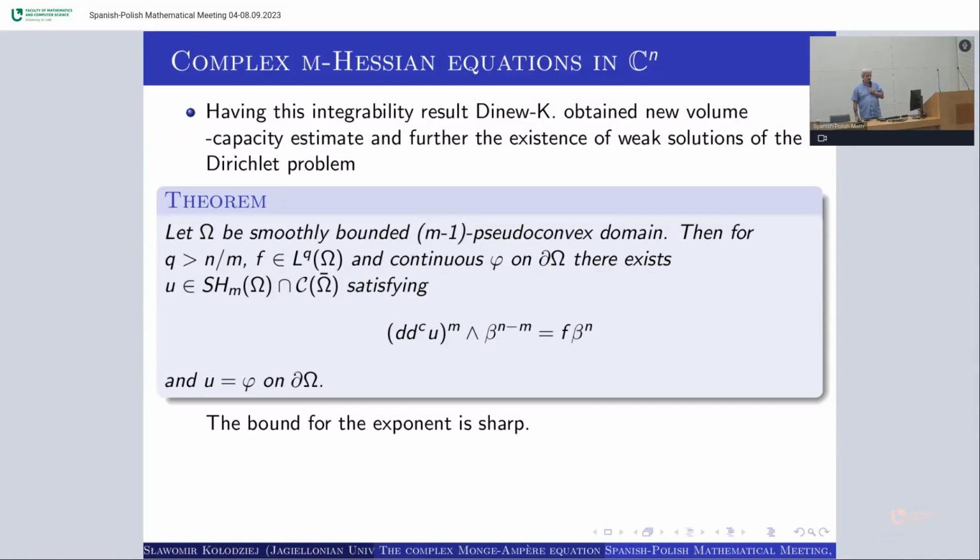And this bound for the exponent q is optimal. It cannot be smaller than n over m. Later, there were improvements of this statement. For instance, if the boundary data is nice enough, then the solution is in fact Hölder continuous.